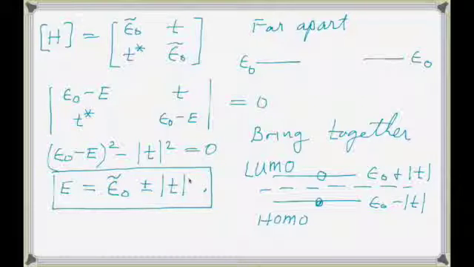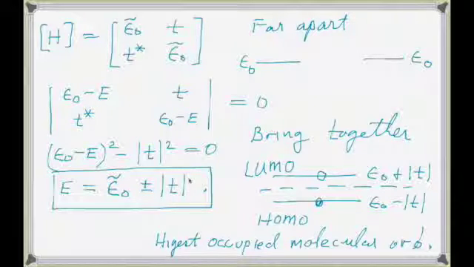So the atomic energies coupled, they split apart. And if they're sharing one electron between them, the electron will go to the lowest state. That lowest state becomes your bonding orbital, or what the chemists call your HOMO, your highest occupied molecular orbital. And the LUMO is the lowest unoccupied molecular orbital.